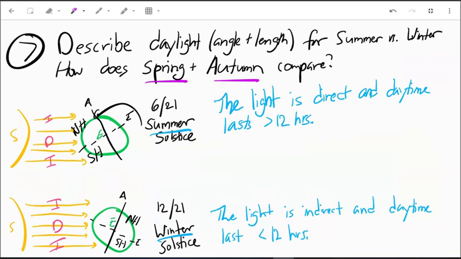It's like there's no axis. When the axis isn't involved, it's transitioning from summer to winter or winter to summer, you're going to have a mix of direct and indirect light.